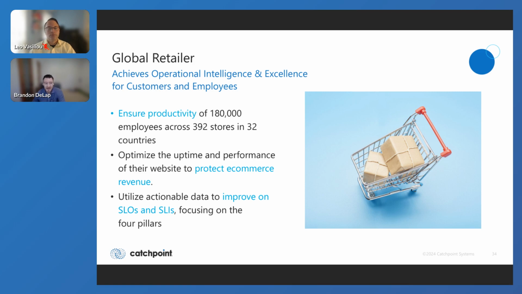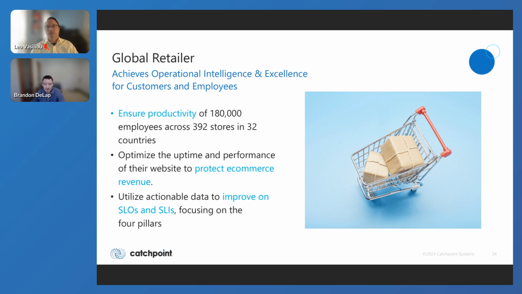Now, the outcome of introducing IPM to their portfolio was to ensure productivity of 180,000 employees across 392 stores in 32 countries, and making sure that they can use the apps they need every day. By monitoring the APIs for all internal applications and reducing the end user impact from design studios to even warehouse applications.